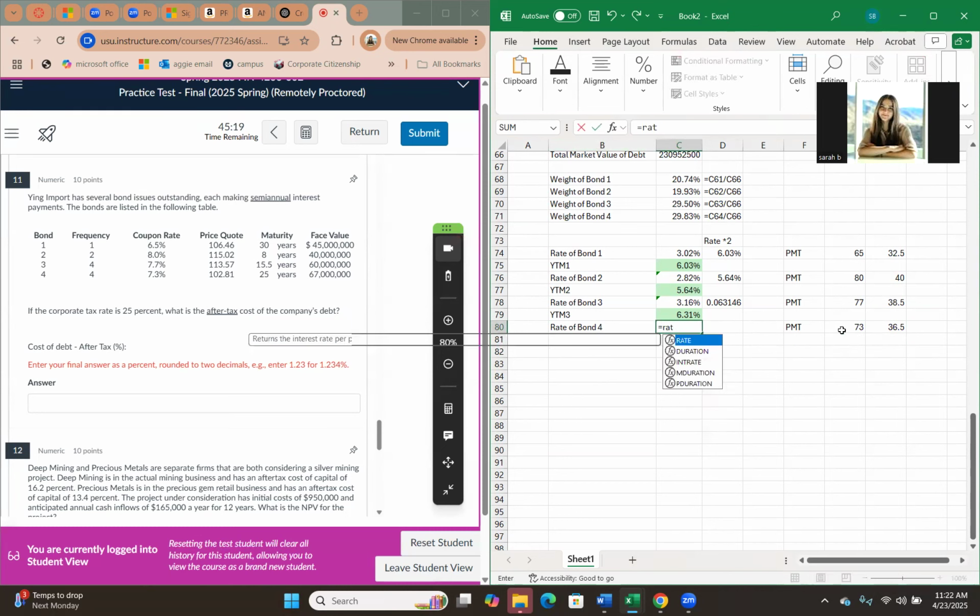Okay, so then our rate function is going to be number of periods, which is 25 times 2. Number of payment is going to be 36.5. Present value is going to be 1028.1. Future value is going to be 1,000.